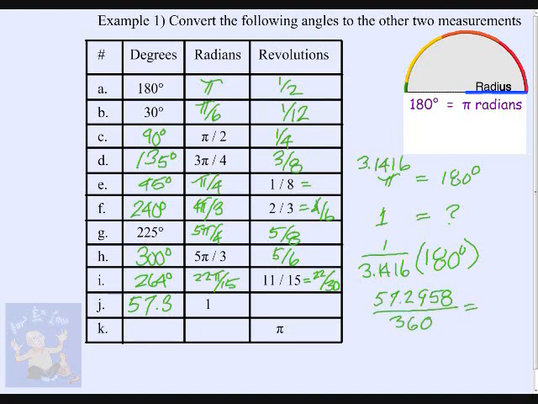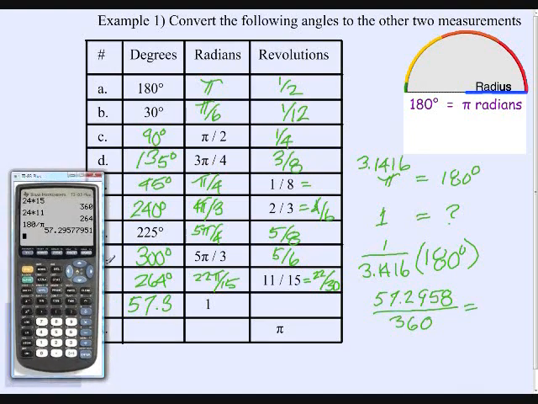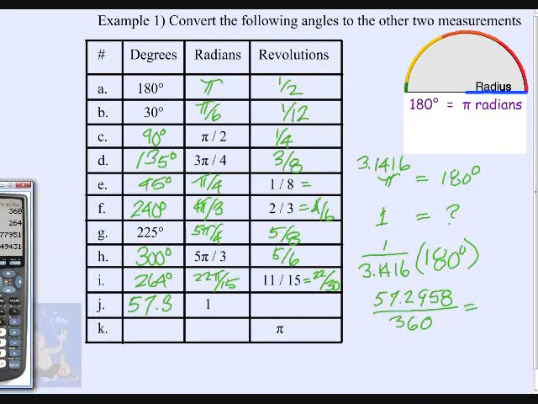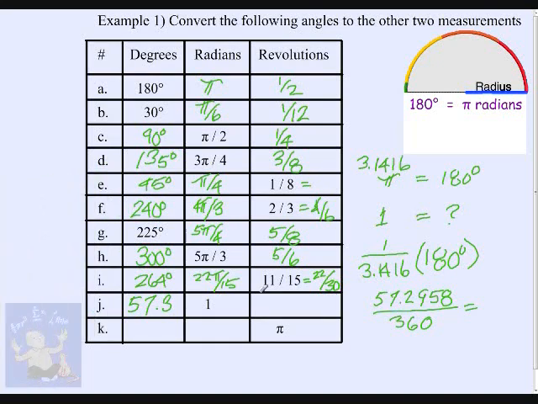Again, I think I'd be better off if I pulled over a calculator here. Let me divide this by 360, and that will tell me how much of a full revolution I have here. It's going to be 0.1592.